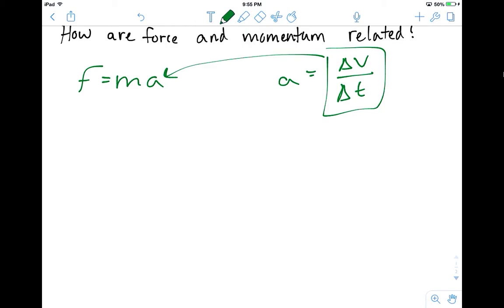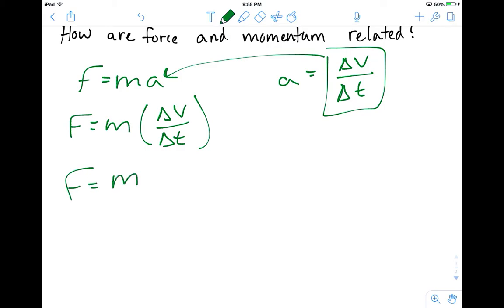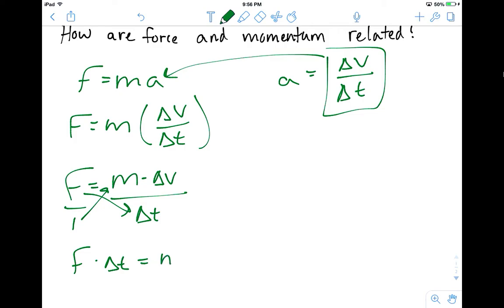What I'm going to end up with is force equals mass times delta V over delta T. When I rewrite that, it looks like this: F equals M times delta V divided by delta T. Now we can think of it like cross multiplying, so I end up with F times delta T equals M times delta V.